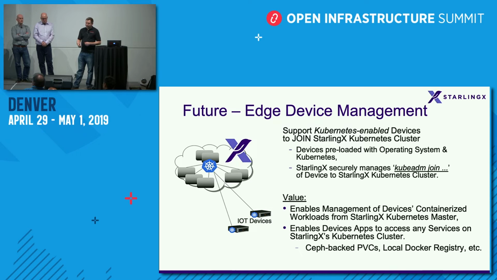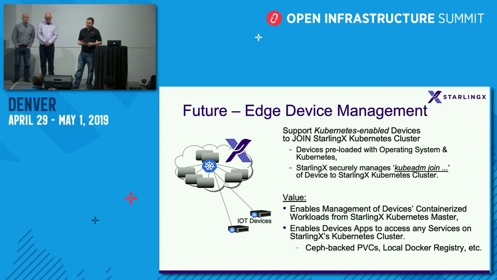And the value you get out of that is the fact that now from a single point, the StarlingX controller or Kubernetes master, I can now manage containerized applications across both my cloud servers in my StarlingX cluster, as well as across these edge devices. And then a secondary value is the fact that these containerized workloads running on these edge devices are now part of the StarlingX Kubernetes cluster.